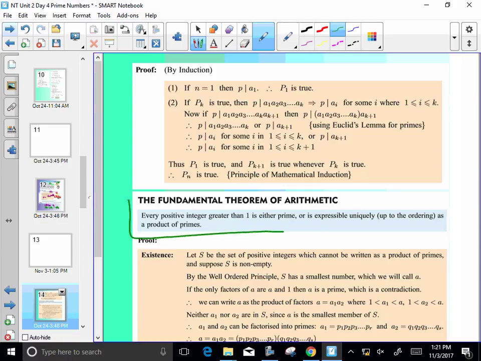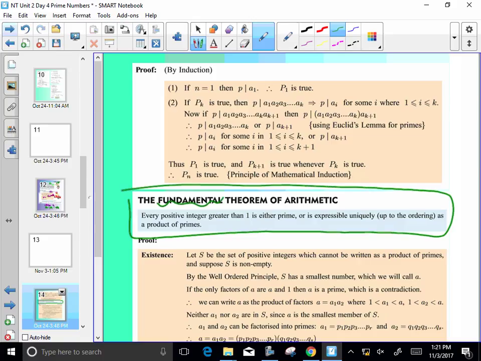This one's a little annoying in that we're talking about something that seems pretty important: the fundamental theorem of arithmetic. It's the basis of all number of integers. And when you talk about integers, anything greater than 1, the weird ones being 0 and 1, is either prime or composite.